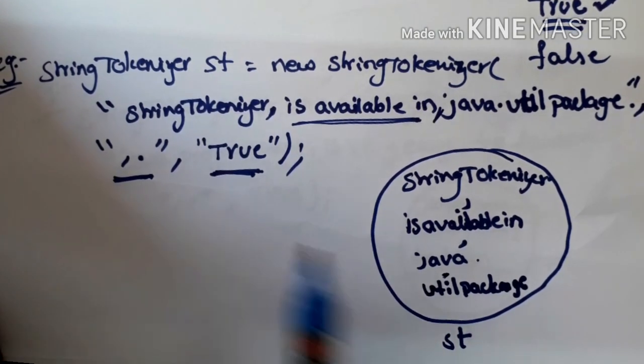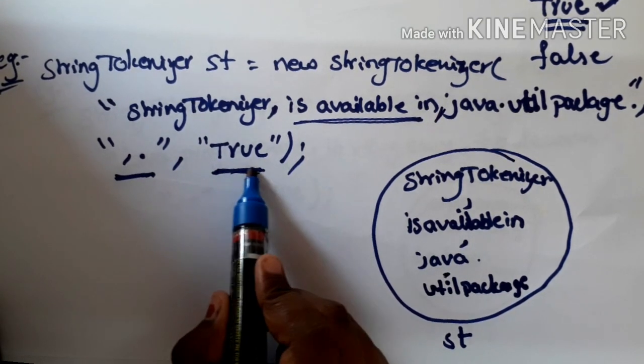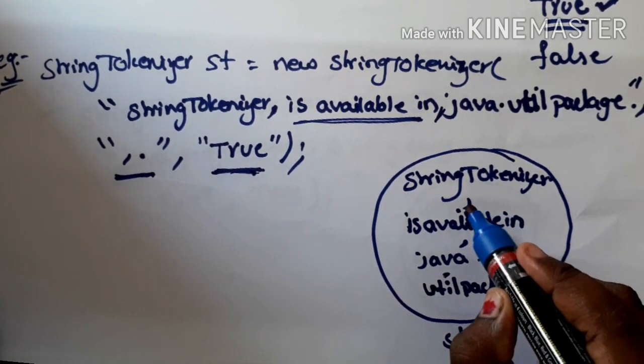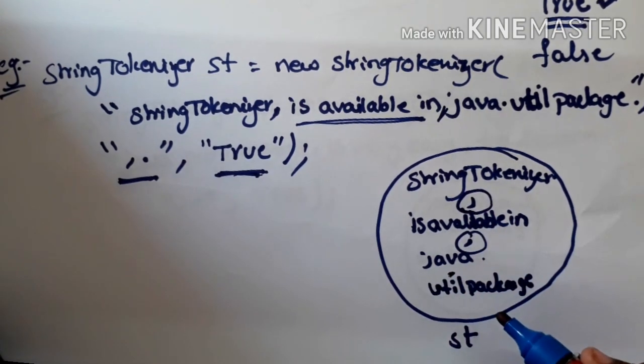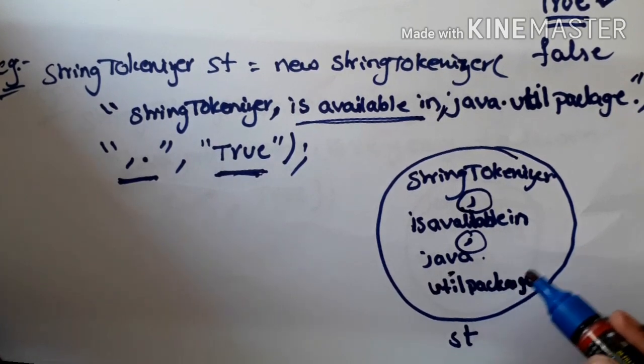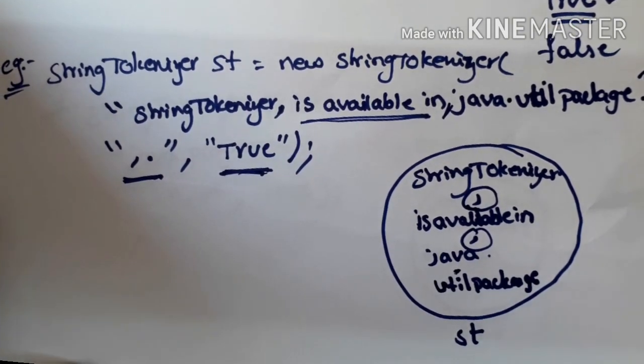Have you seen here, as delim as token is true, it is considering the delimiters also as tokens here. Can you see that? Fine.